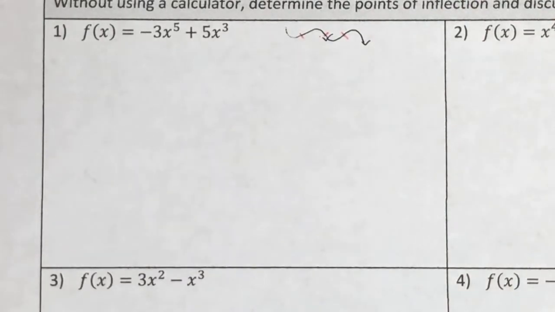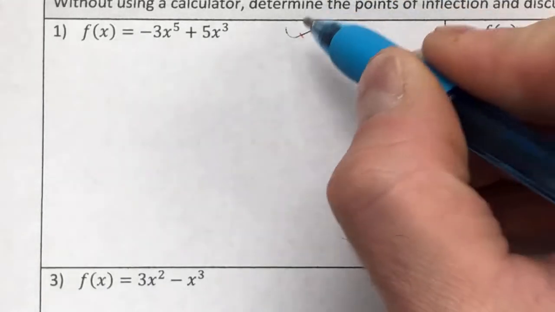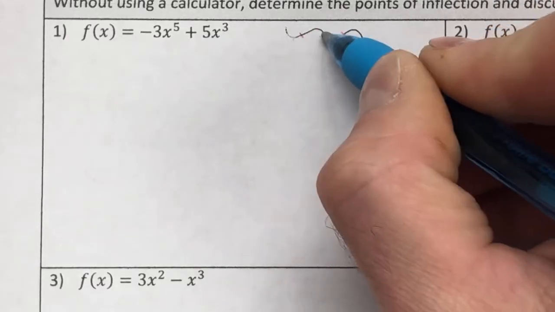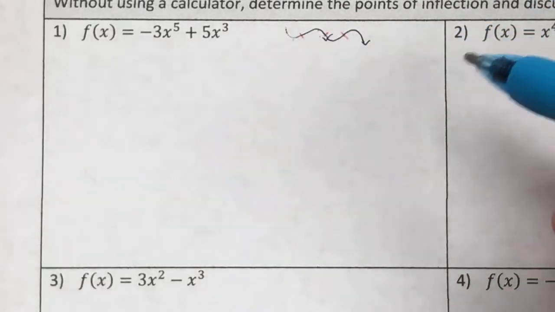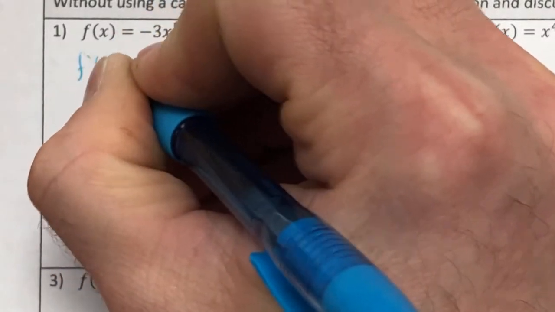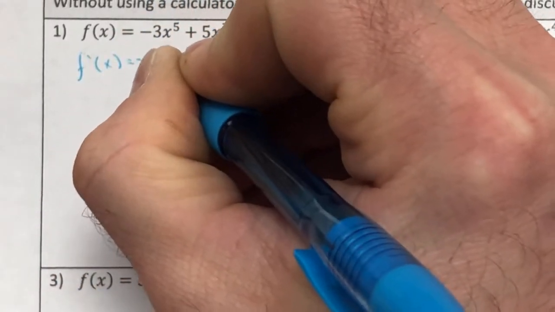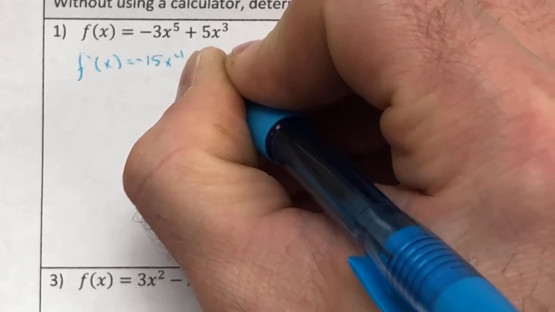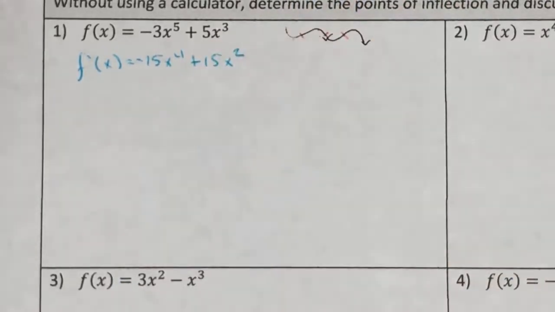So our first step is to go ahead and calculate the first derivative. The first derivative is going to allow us to find the maximum and minimum points when it is set equal to 0. So f prime of x is negative 15x to the fourth plus 15x squared.